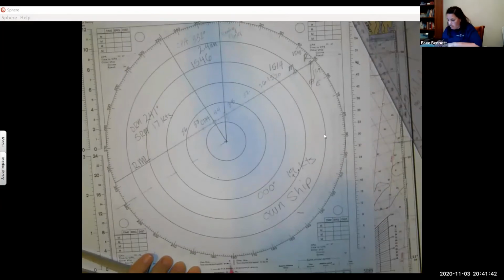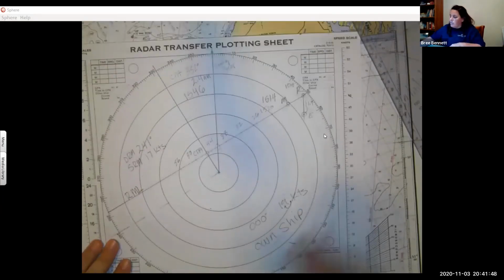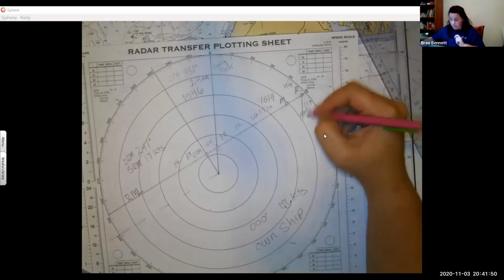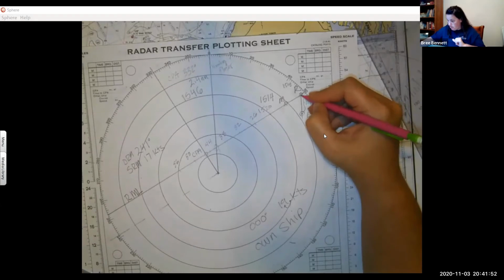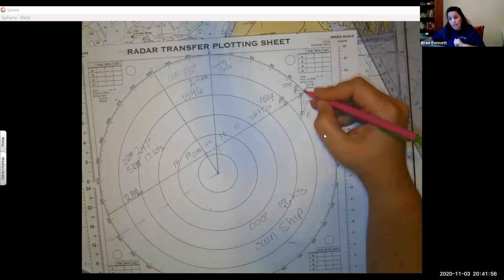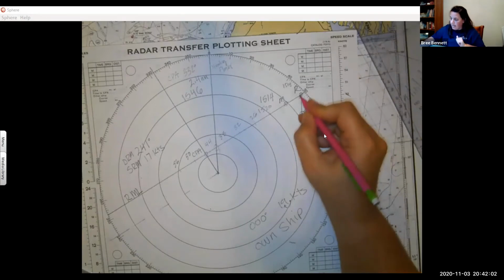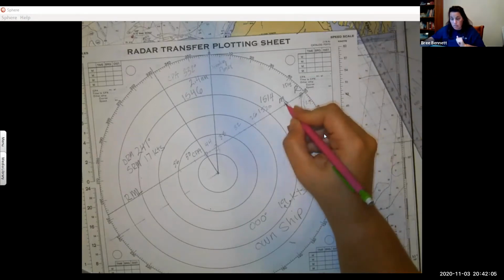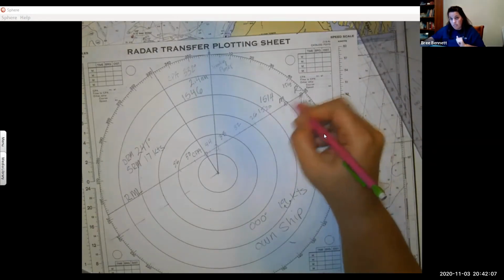E to R is my true course and speed, my own ship's true course and speed. So I'm going due north from E to R, due north at 1.9 distance in 6 minutes, meaning 19 knots. So I have me, I have what my direction of relative motion and my speed of relative motion.